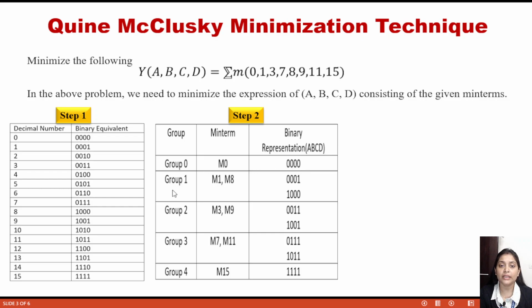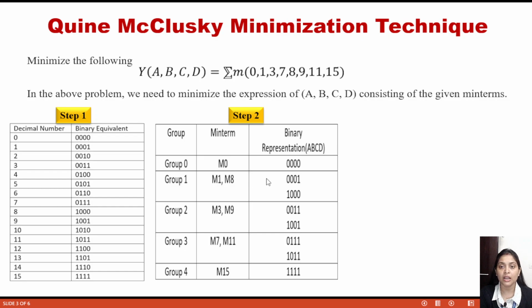Now in group 1, among all these numbers, we have to find the numbers in which only one 1 is there.